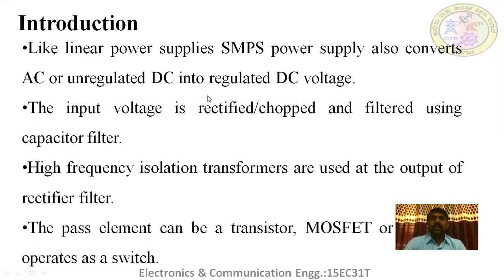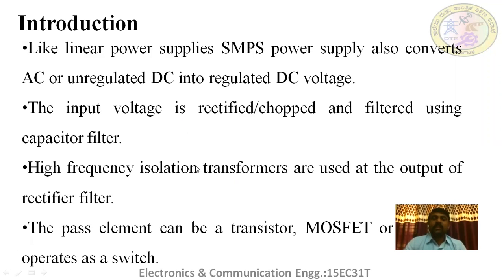One of the major advantages of this SMPS is it uses an isolation transformer. What is the meaning of isolation? Isolation means to separate. We know that in every electronic equipment, there is a section of power supply and the load. This power supply is the environment where there is a chance of high dissipation of heat and the chance of accidents by the AC mains.